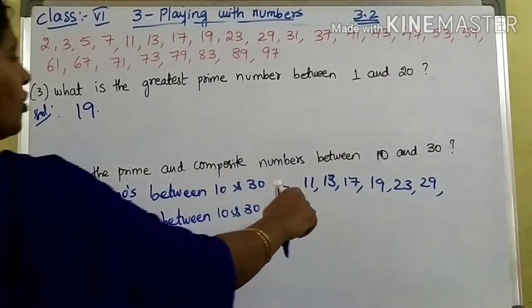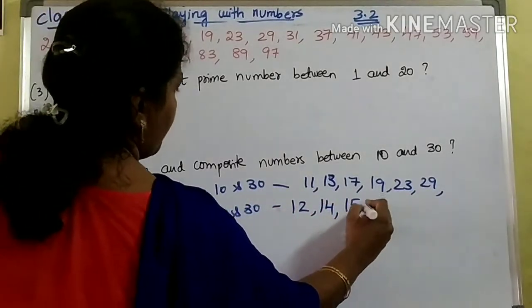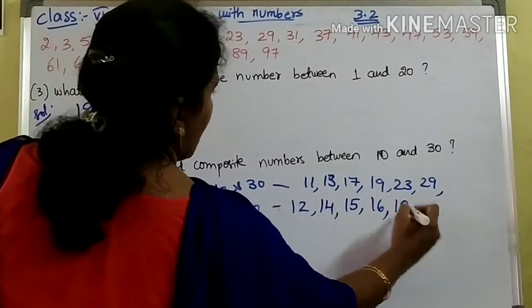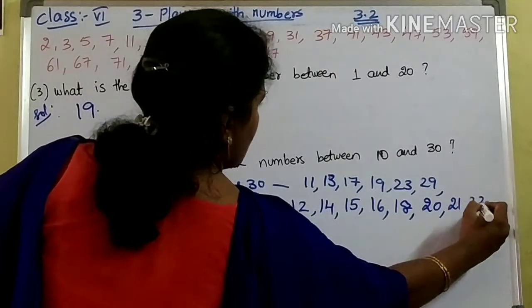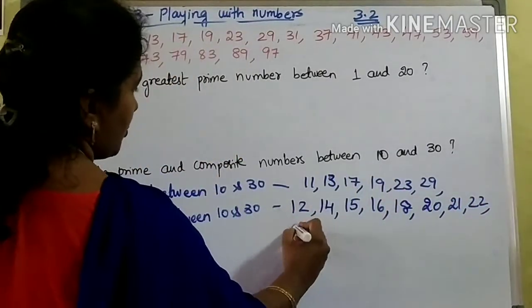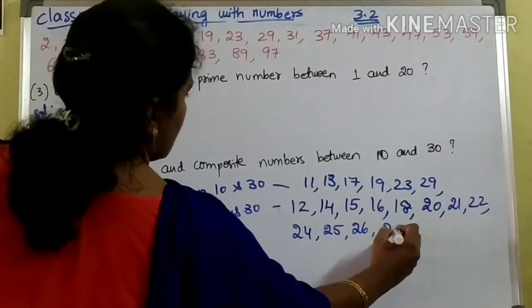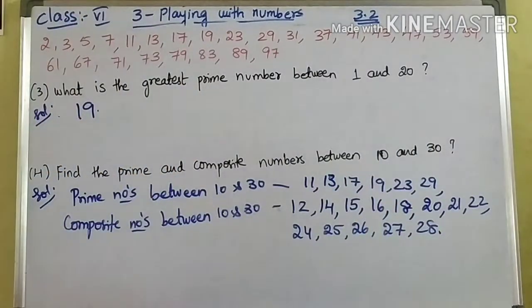Now after 11, 12 is there, 13 is prime. Next 14, 15, 16, 17 is a prime number. 18, 19 is a prime number. 20, 21, 22. Next 23 is a prime number. 24, 25, 26, 27, 28. These are the composite numbers between 10 and 30.